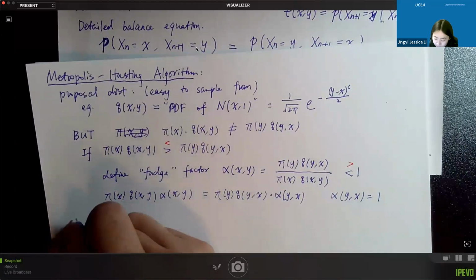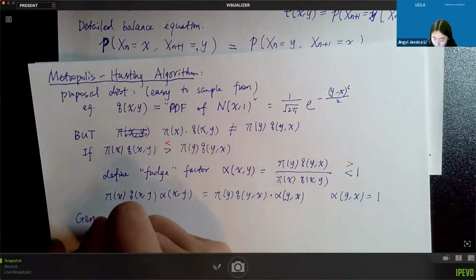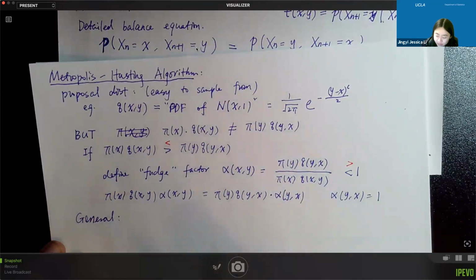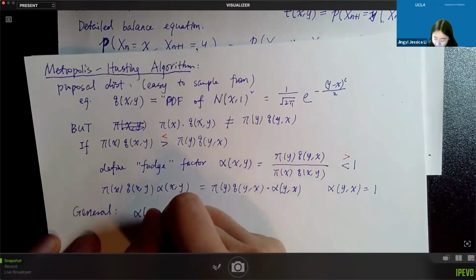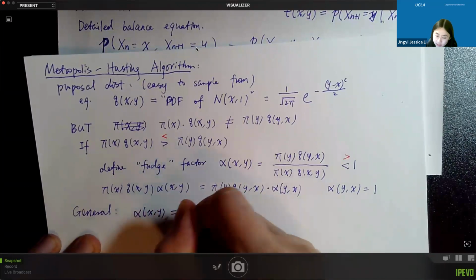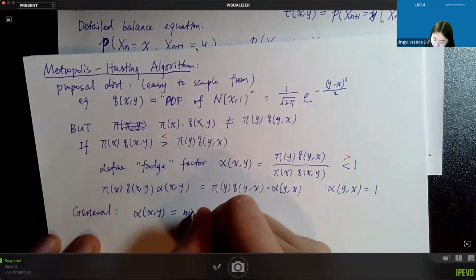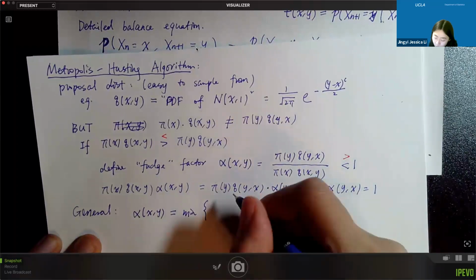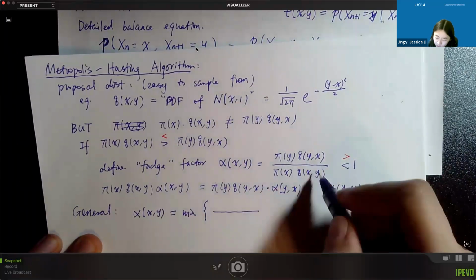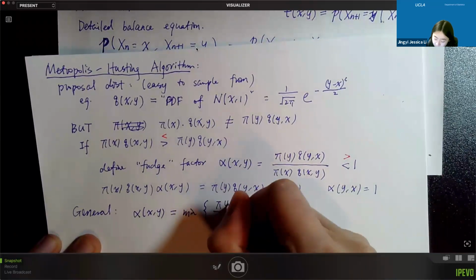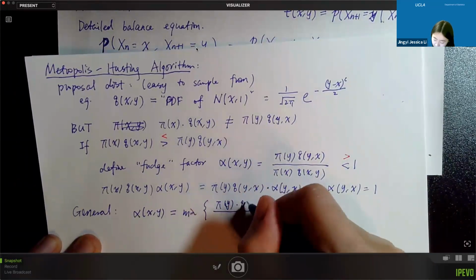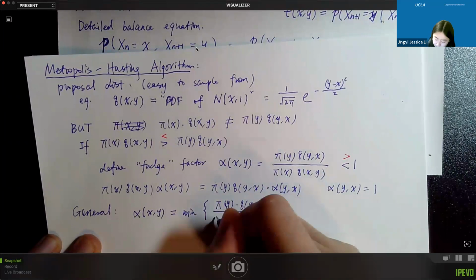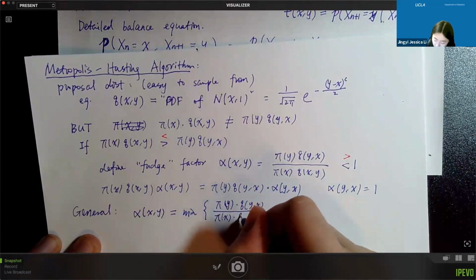Then what do we do? We can actually easily address this problem by using a general definition. That is, to make this fudge factor with a general formula, we could just define alpha x y as the minimum of 2 things. One is the ratio, like we have here, pi y times q y x divided by pi x times q x y.